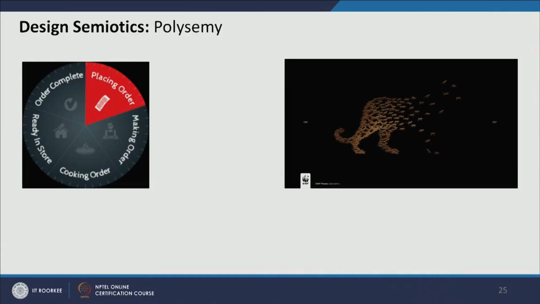For some people it's just a timeline. It tells us your order is placed, and then what the next thing is, and what the next process will be. So the first layer of linguistic meaning is that people will read it and interpret what the situation of the order of your pizza is.